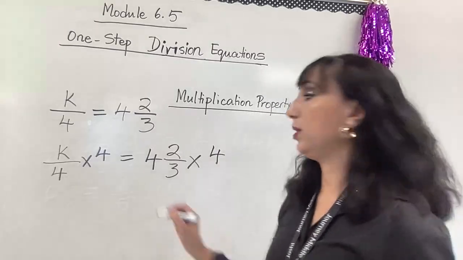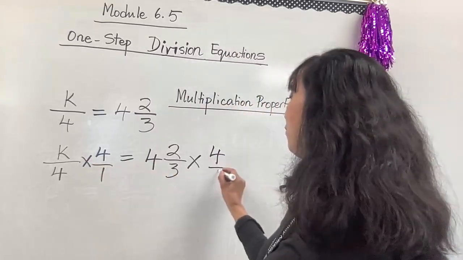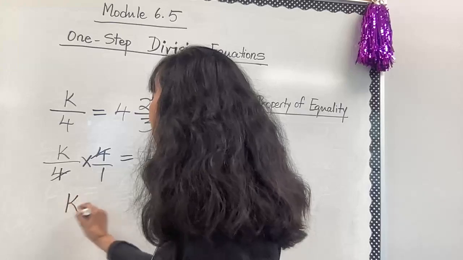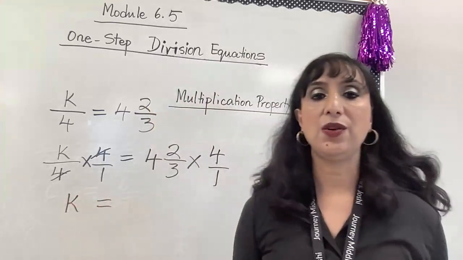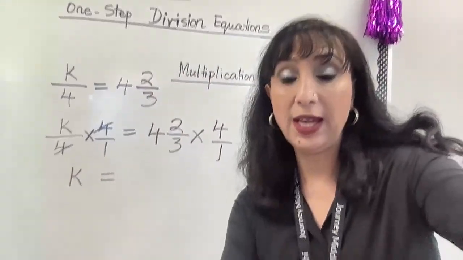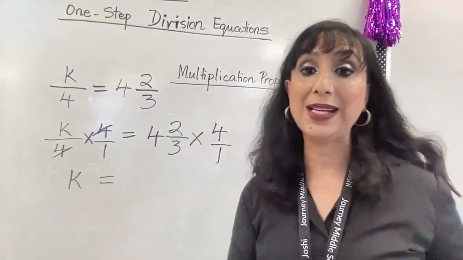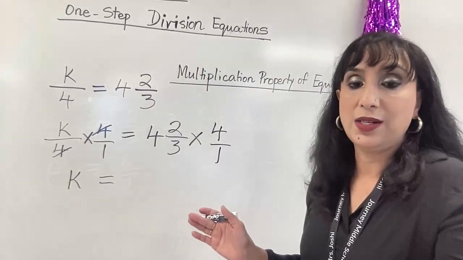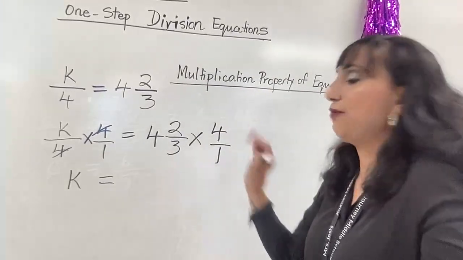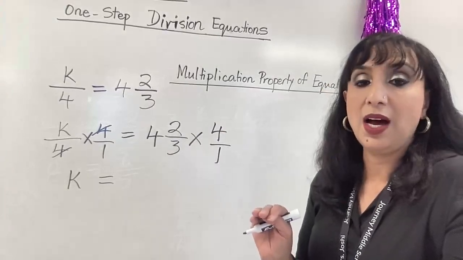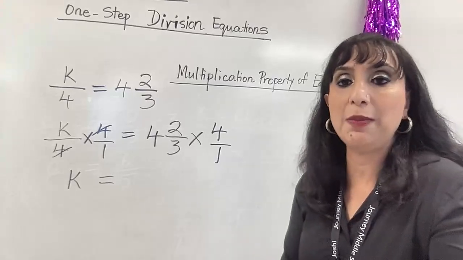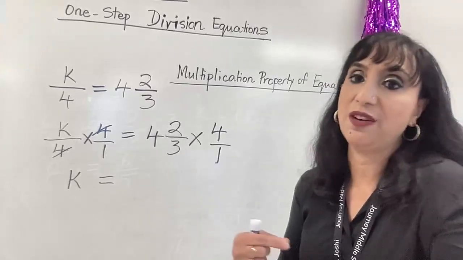Okay, so this is over 1, this is over 1. 4 divided by 4 is 1. I get k is equal to. Do not forget the next phase of multiplying a mixed number with a whole number. Please do not try to do 4 times 4. We've learned this, and you're supposed to convert the mixed number to an improper fraction first.